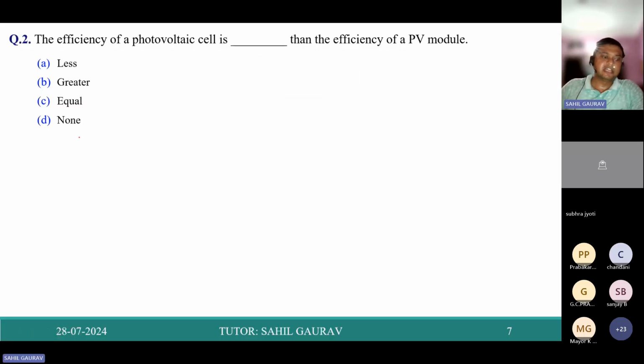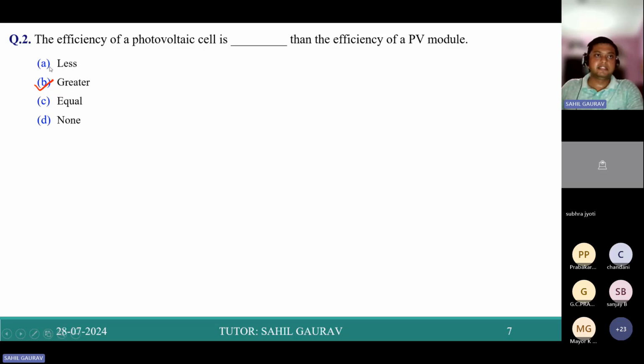This is because the area of the solar PV module includes not only all the photovoltaic cells but also the gaps between the solar PV cells.